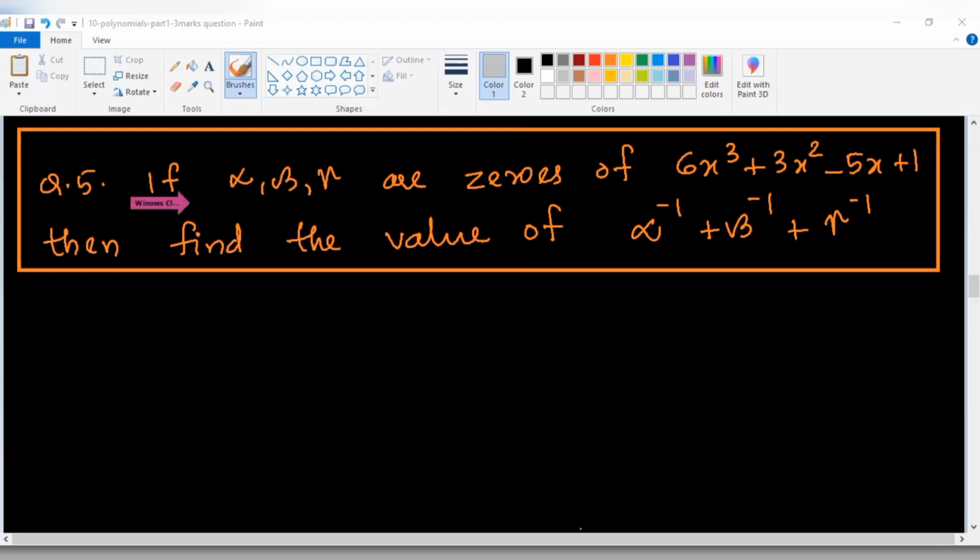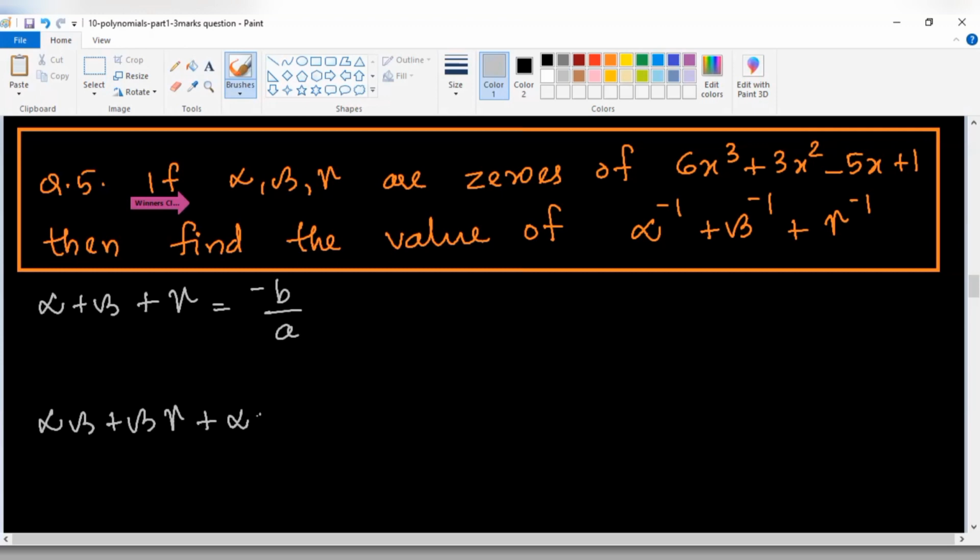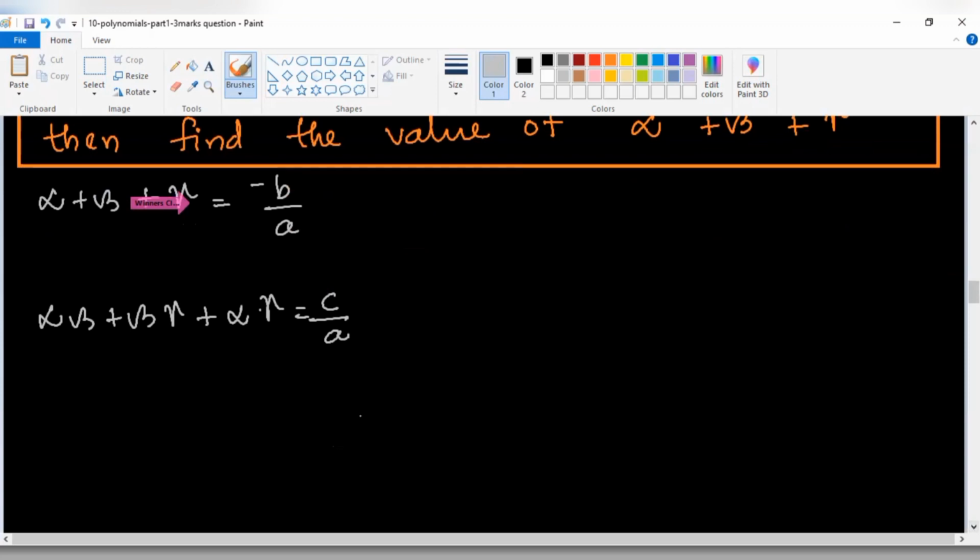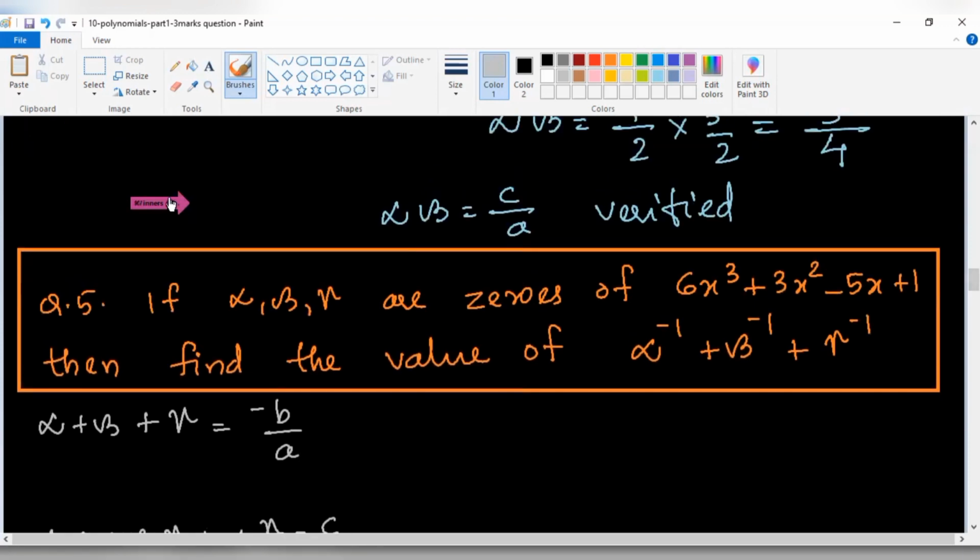And we know the relation alpha plus beta plus gamma is equal to minus b by a, and alpha beta plus beta gamma plus alpha gamma is c by a, and one more relation is there, that is alpha beta gamma is equal to minus d by a. These are the known equations. And what we have to find now is alpha raised to minus 1 plus beta raised to minus 1 plus gamma raised to minus 1.